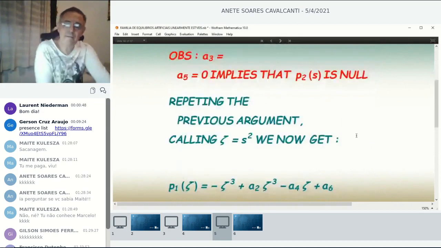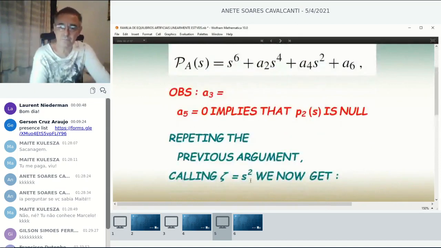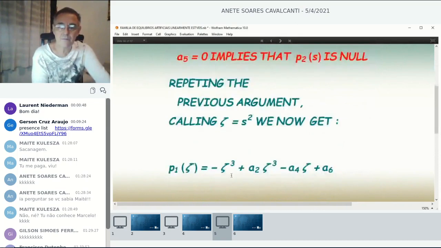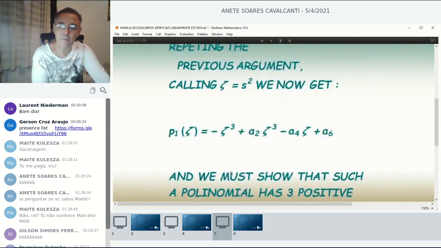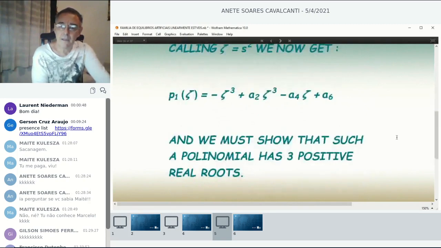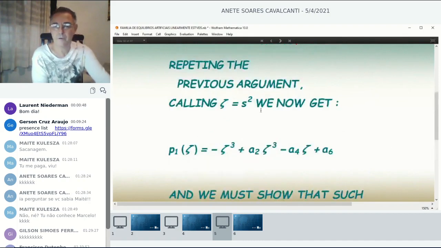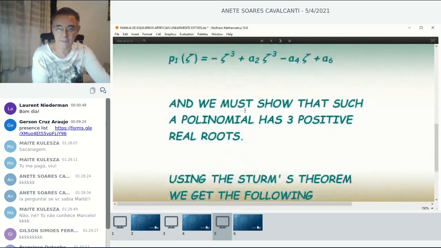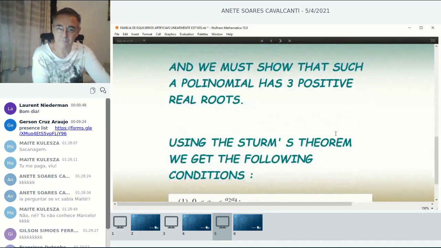So we repeat the arguments that we've done before. We call zeta S squared, and you get a polynomial of degree 3. And we must analyze when this polynomial of degree 3 has 3 positive real roots, because when they have positive real roots, the S will be real numbers.